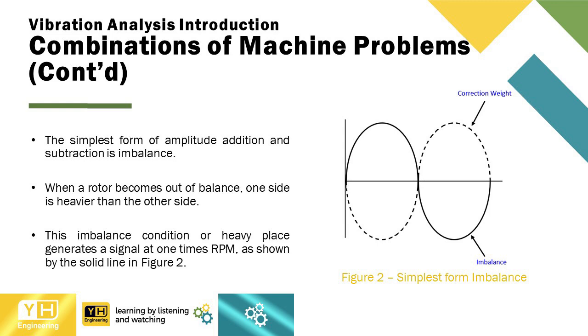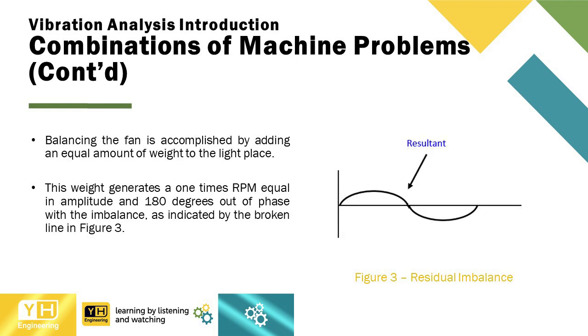When a rotor becomes out of balance, one side is heavier than the other side. This imbalance condition, or heavy place, generates a signal at 1 times RPM, as shown by the solid line in Figure 2. Balancing the fan is accomplished by adding an equal amount of weight to the light place.